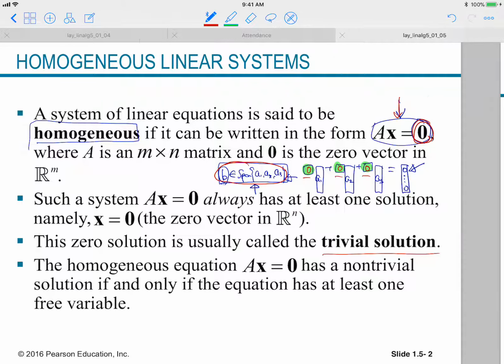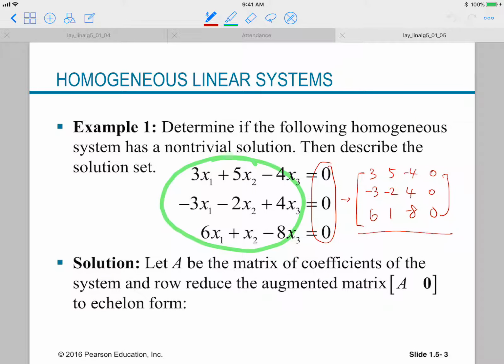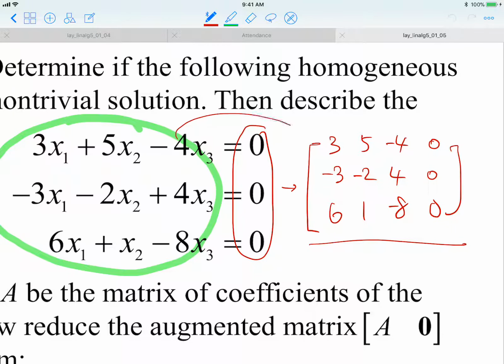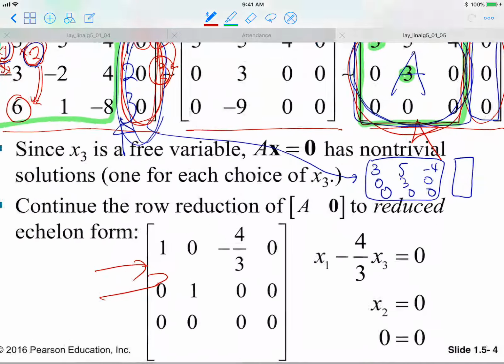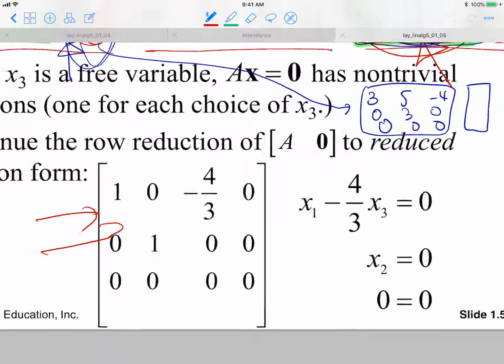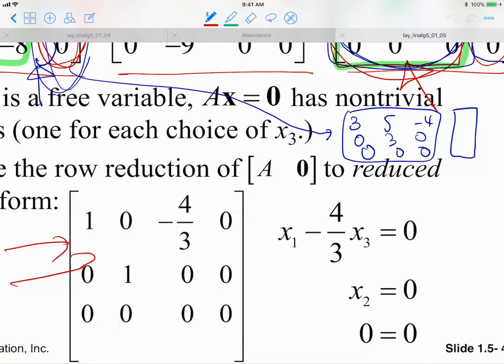Okay, and so this is one example. Once we change it into echelon form, we will have all coefficients here and then 0 here, right? Let's look at this example, which is our echelon form or reduced echelon form matrix.